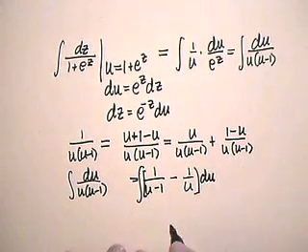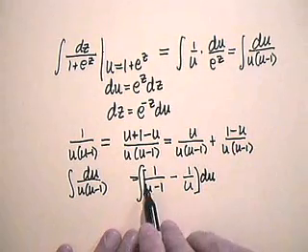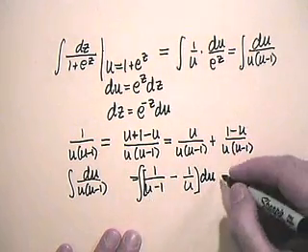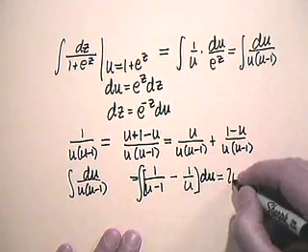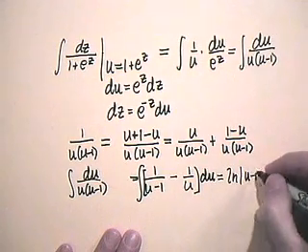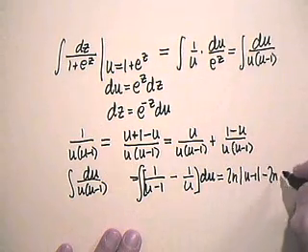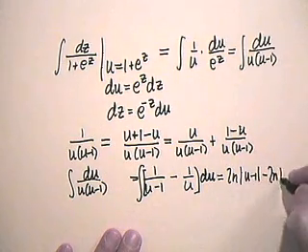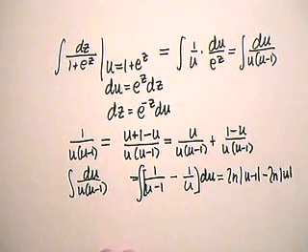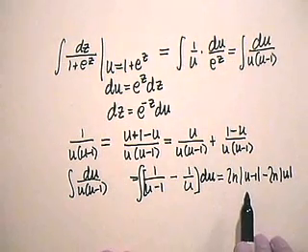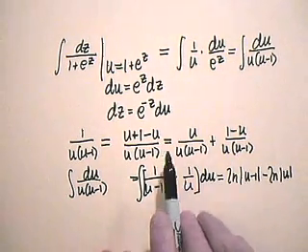And now we've got it finished because to anti-differentiate 1 over u minus 1, that's just the natural log of the absolute value of u minus 1. And then we have minus the natural log of the absolute value of u. So there's our antiderivative in terms of u. And finally, we want to substitute back in. What is u minus 1?